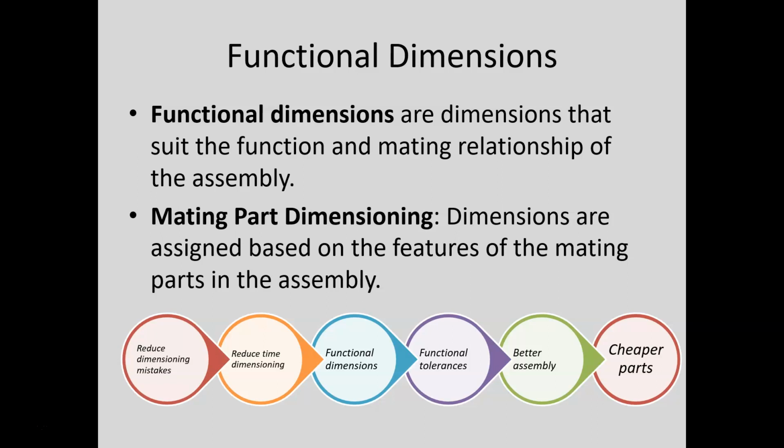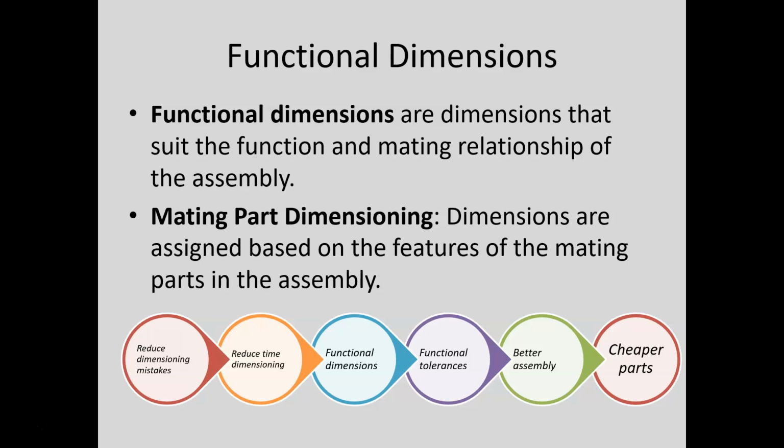We want to produce parts that work, and in order to produce parts that work in an assembly or a machine, we need to make sure that they're dimensioned properly so that they're made properly. We don't want holes that are too large or too small. We don't want surfaces that are out of alignment. All of that is taken care of with dimensions.